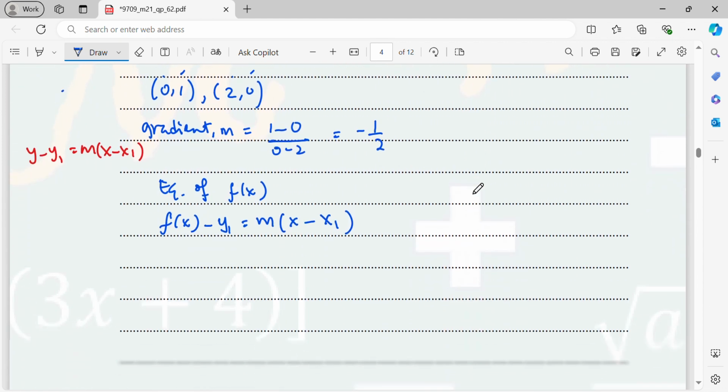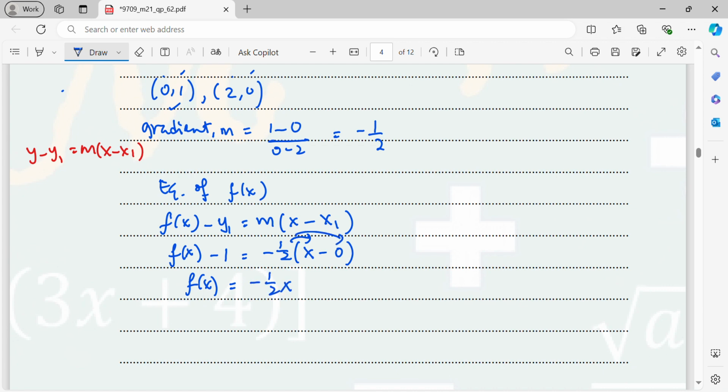I just pick 1 point, probably (0, 1). So it will be f(x) minus 1, m equals negative half, then x minus 0. From here you will get f(x) equals negative half x, and then the minus 1 on the left side is moved to the other side.